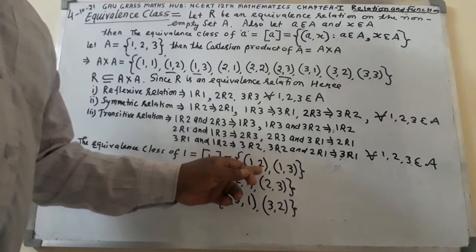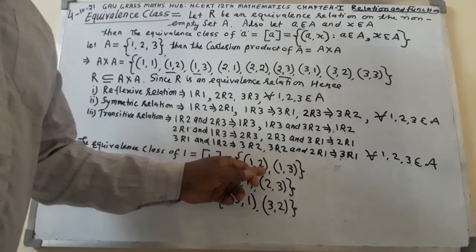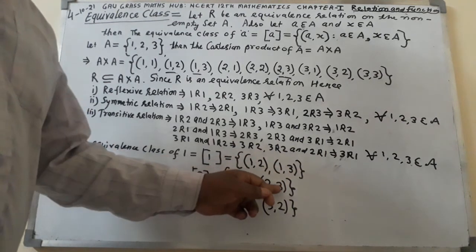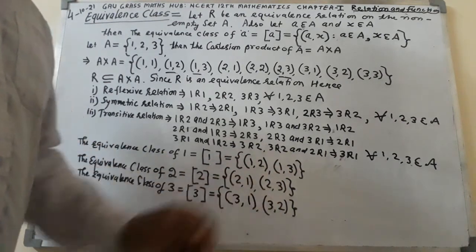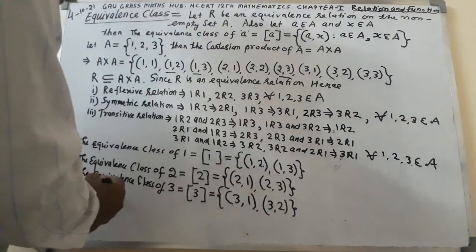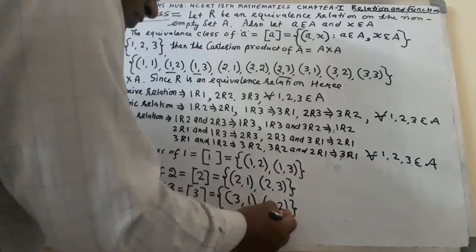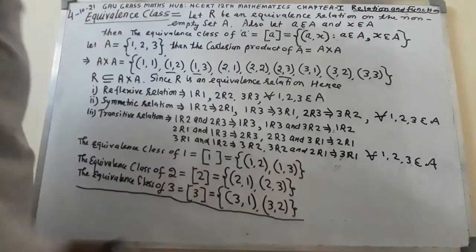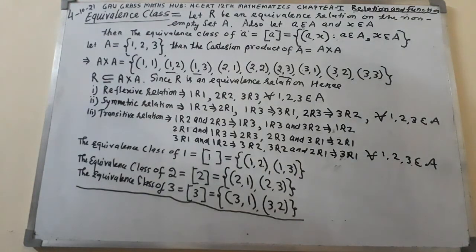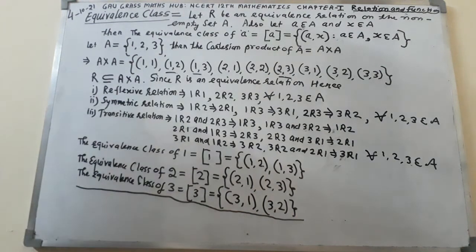First element will be different from the second element. 1 2, 1 3, 2 1, 2 3, 3 1, 3 2. So this is the proper explanation of finding of equivalence class related to chapter 1 relation of NCERT 12 mathematics.